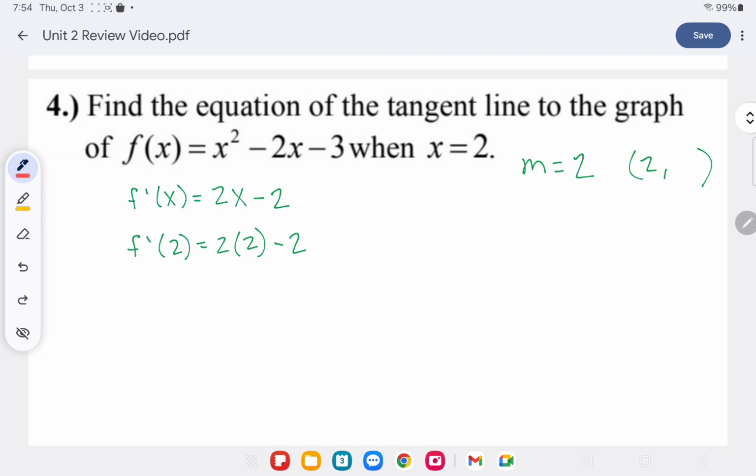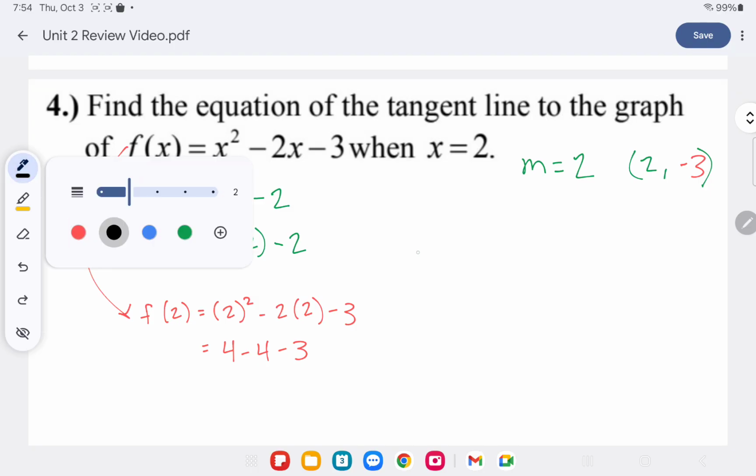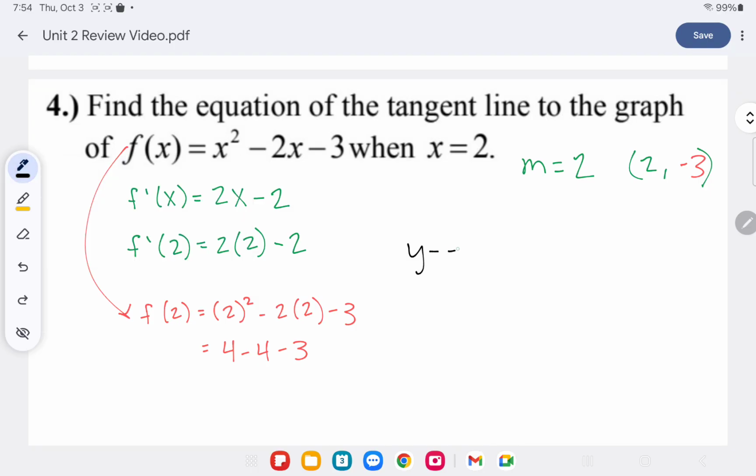So I need to actually figure out what f of x is at 2. So I'm just going to plug 2 into the original function to figure out what the output is when 2 is the input. We're looking for our y value. And we get -3. So with the slope and the point, now we can go ahead and write our equation in point-slope form.